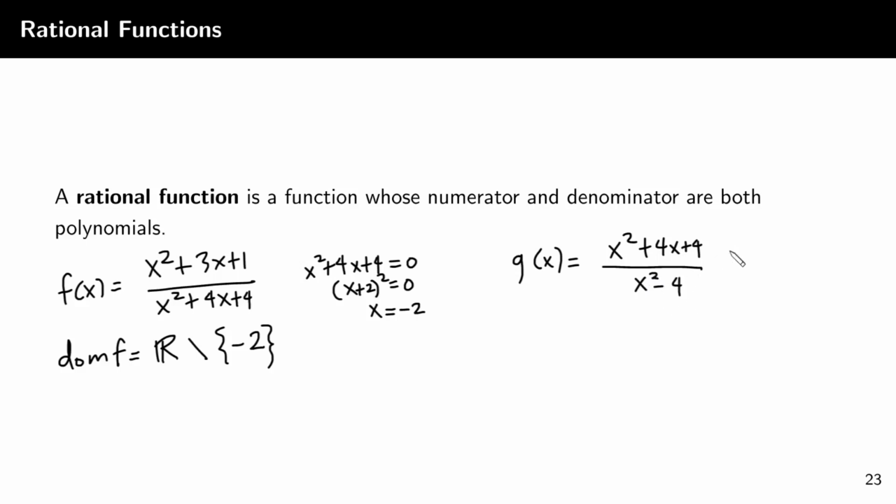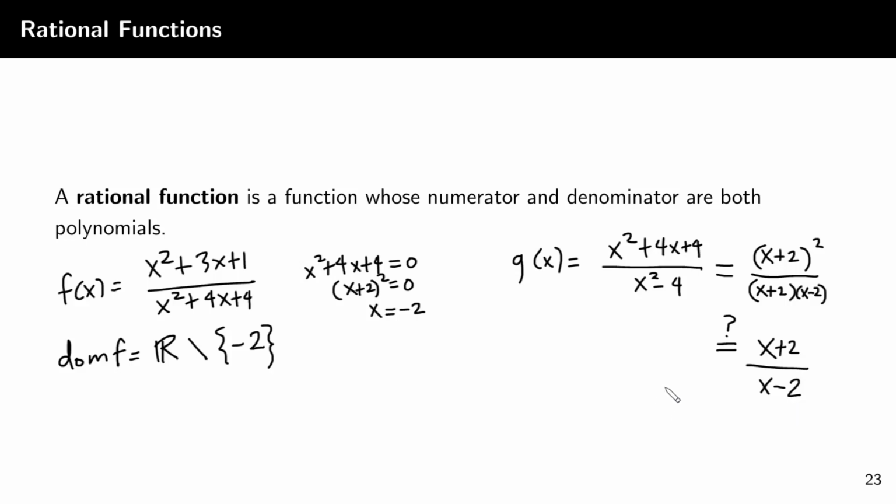Okay? We will see that this is equal to x plus 2 quantity squared over x plus 2 times x minus 2. Now, is this equal to the function which is given by x plus 2 over x minus 2?